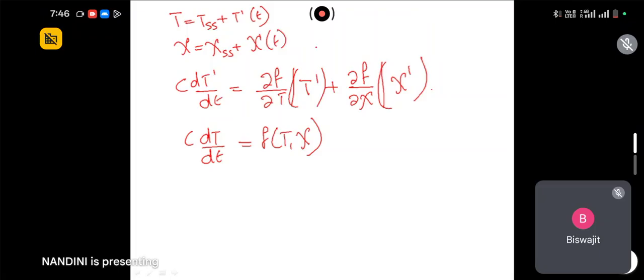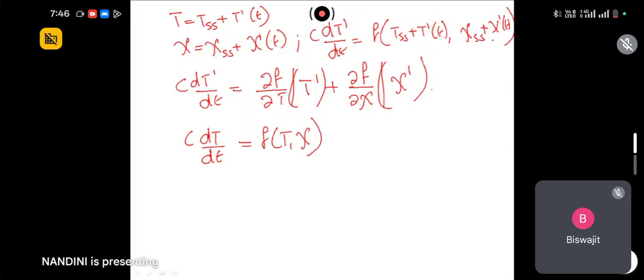So C dT dash by dt will be F of T SS plus T dash, chi SS plus chi dash.